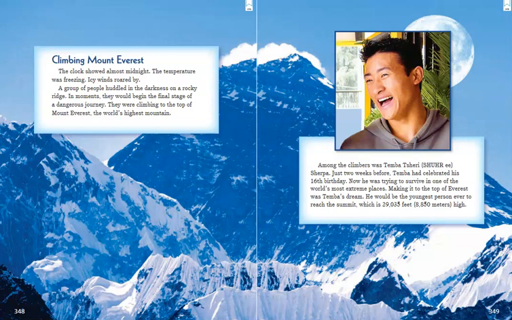And then on the next page, I see a photograph, it looks like, of somebody. And then I don't see a regular caption that we would see just at the bottom of the photograph, but I get the feeling that this paragraph down here is going to tell us about who we see in this photograph. Among the climbers was Temba Tsheri.